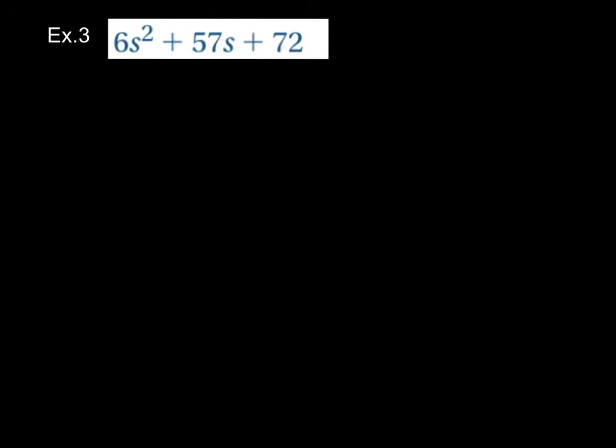Okay. So let's go through the same steps and see, is there a common factor in these terms? Okay. I believe we could factor a 3 out of everything, and that would leave me with 2s squared. 57 divided by 3 would be 19s, plus 72 divided by 3, which is 24.